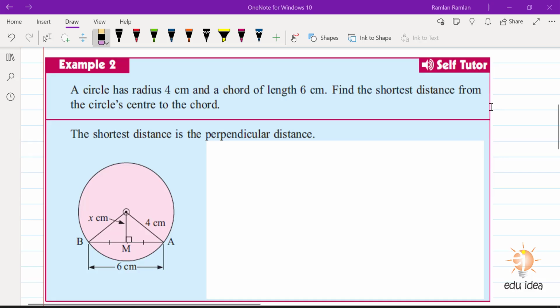Okay, so we're going to try to solve this question using the concept that we just got from the investigation. A circle has a radius of 4 centimeters and a chord of length 6 centimeters. Find the shortest distance from the circle center to the chord.